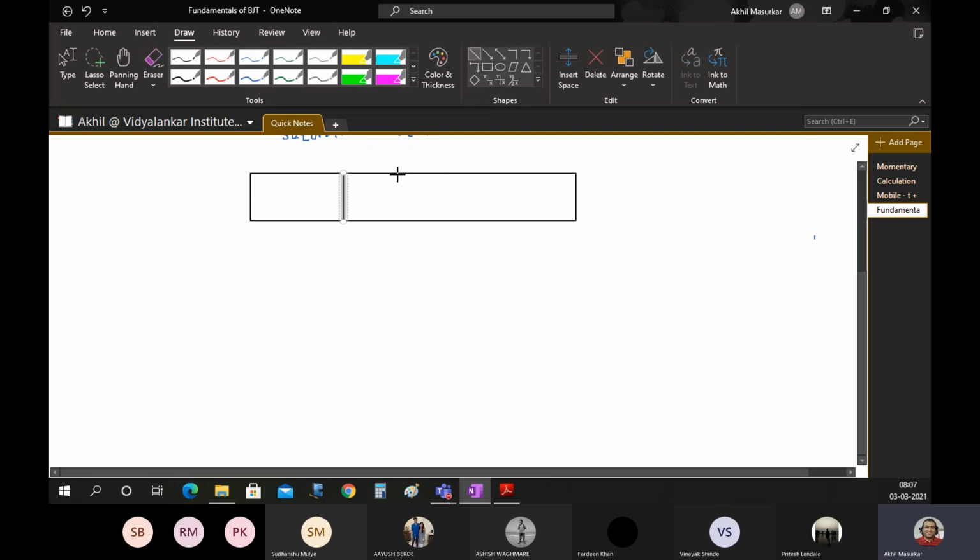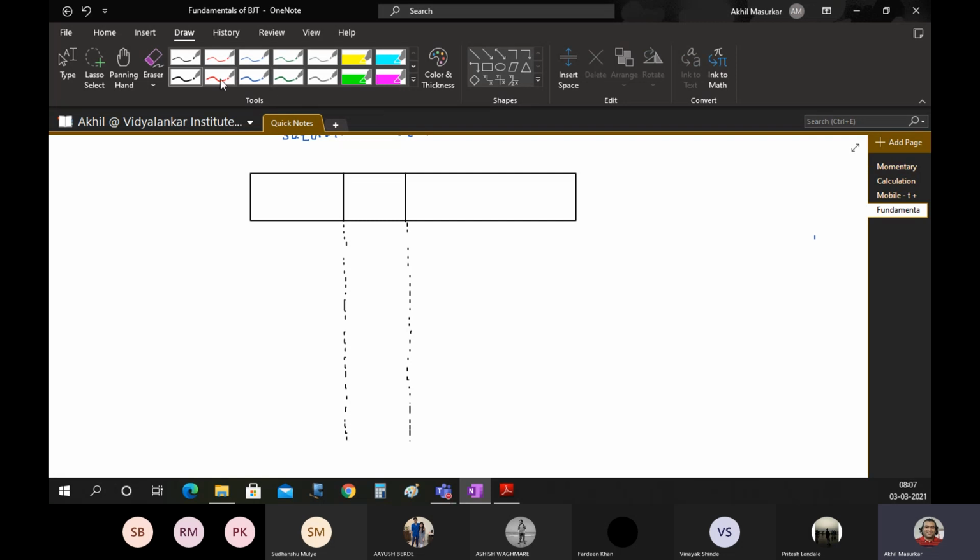Then you should show base, and then we have to show some dotted lines like this. And depletion, there are two junctions, J1 and J2.